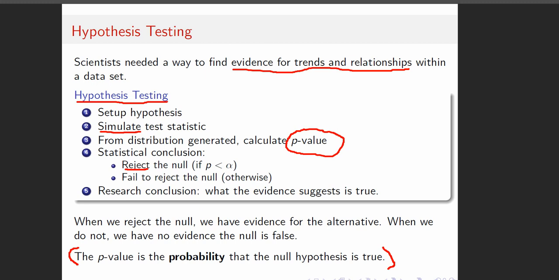If that's the probability that the null is true and the p-value is really small, we reject the null because it's just not likely to be true. And then the other option, if we have a larger p-value, is that we fail to reject the null. The last step is to write our research conclusion, and we're going to say what we have evidence for. We're going to have evidence for the null hypothesis or for the alternative to the null hypothesis.